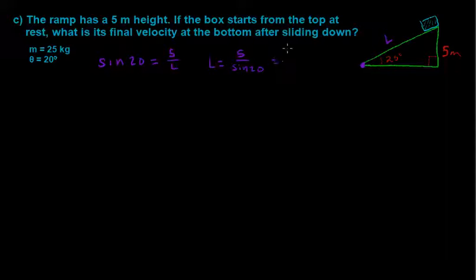And we just calculate this real quick and get that the length of our ramp is equal to 14.62 meters. So what we want now is to find our final velocity at the end of the ramp after we've traversed these 14.62 meters.